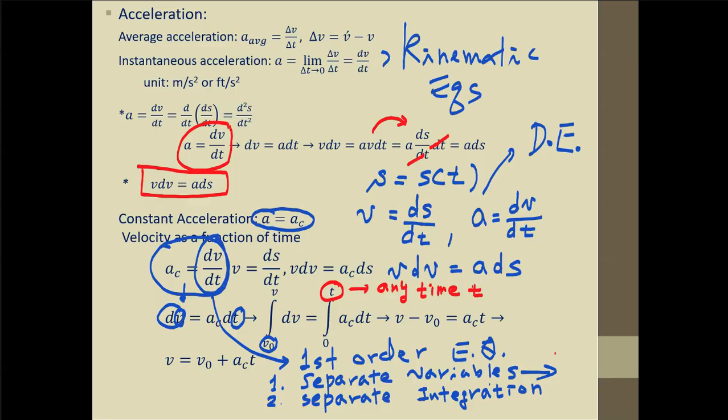At any time t, then this velocity is any velocity, no numerical value, just a symbol, any velocity.